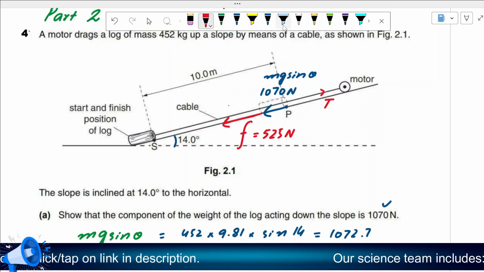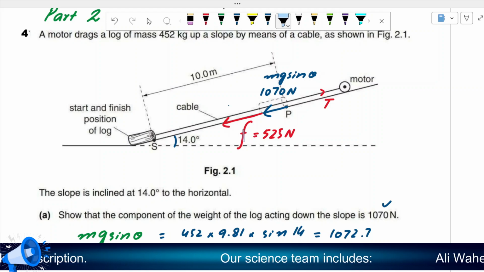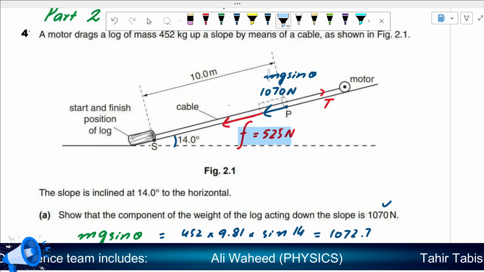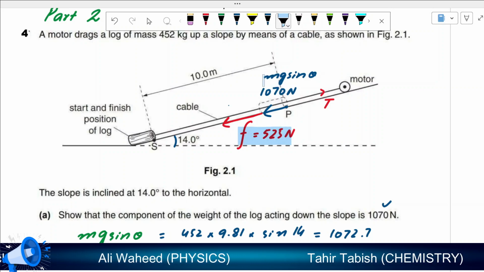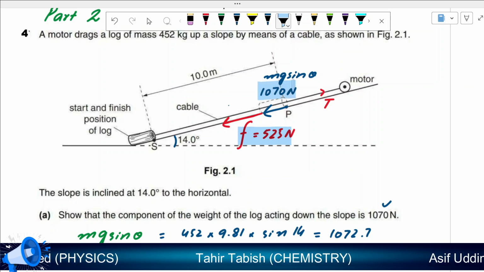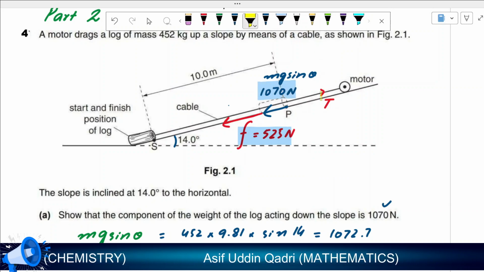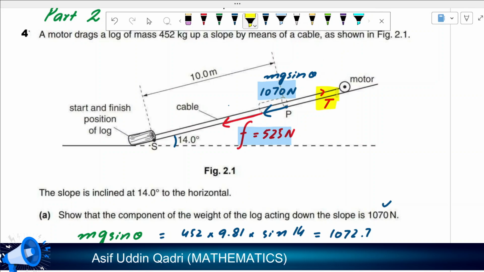Now, how many forces do we have? Well, we have the first force, friction, then we have the second force, mg sine theta, which is 1070. And the third force is tension.